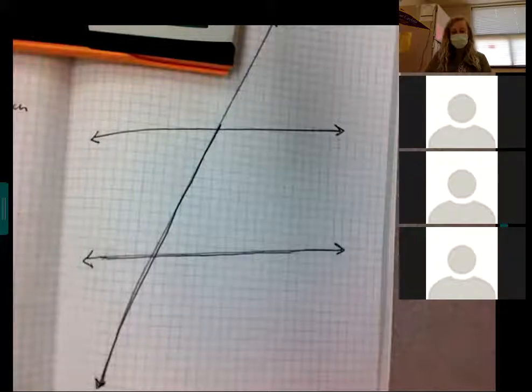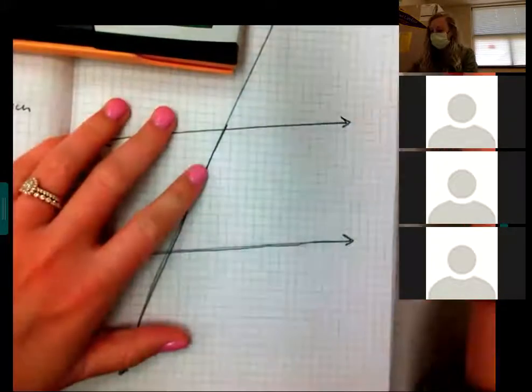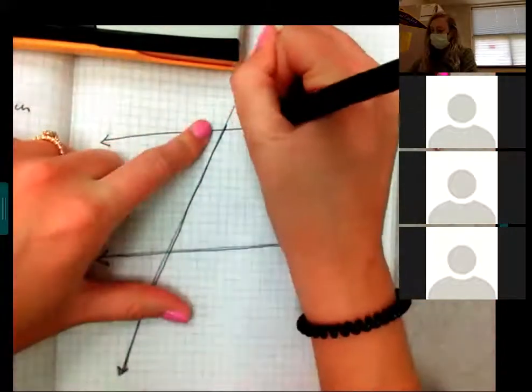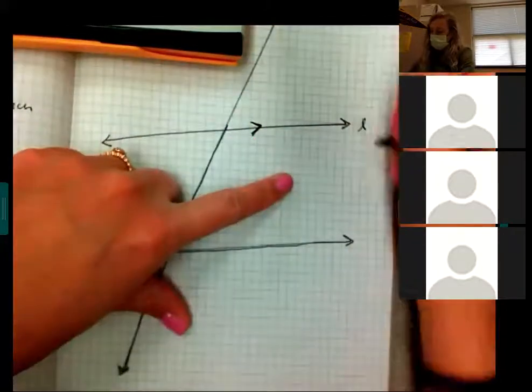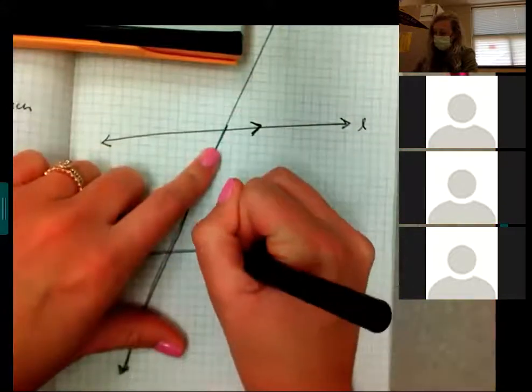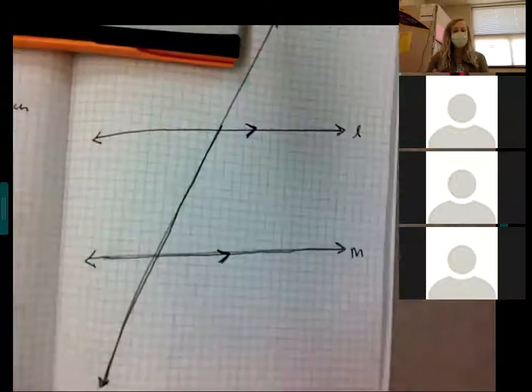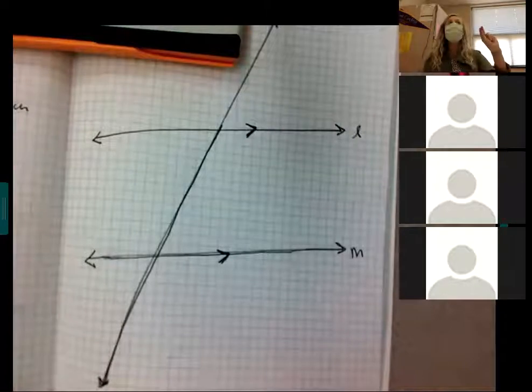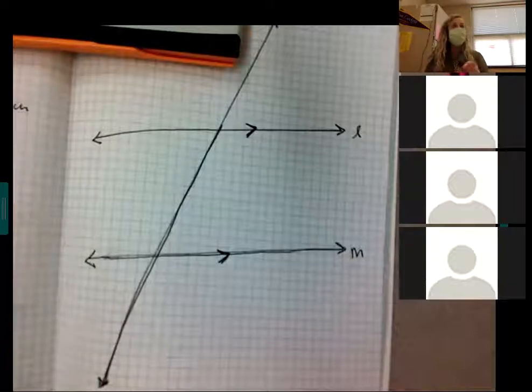So the first thing I need y'all to understand, or to write down, I should say, is that these two lines, line L and line M, are what if I draw that in them? Parallel. These types of things we're about to learn about, I need everybody to listen, only work with parallel lines. If the lines are not parallel, then you don't do any of what I'm about to show you. Capiche? All right.